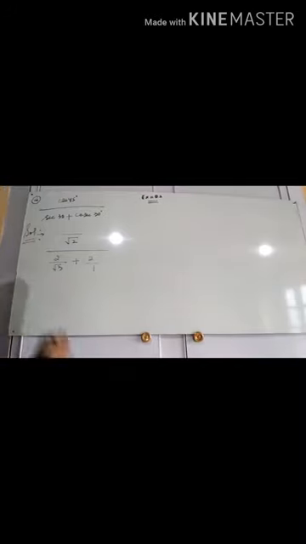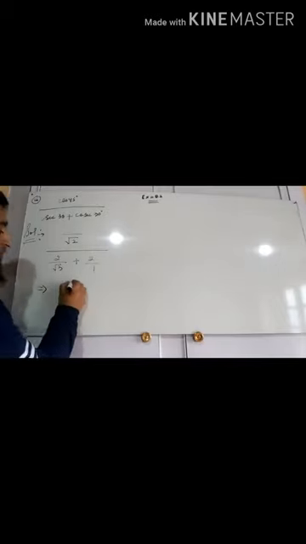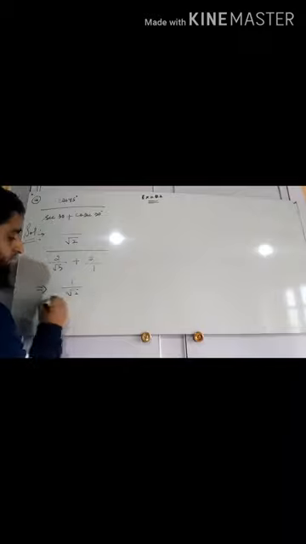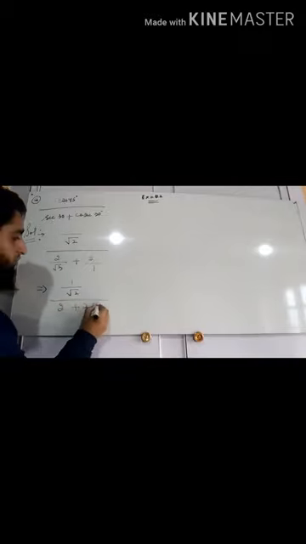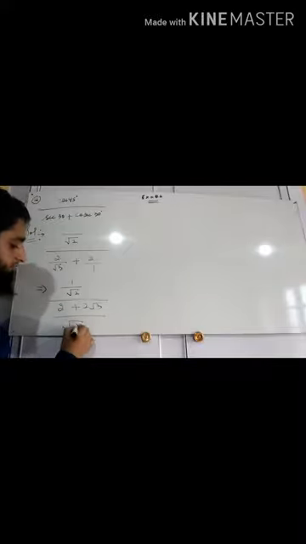After that we have to solve the question. 1 by root 2, just do the cross method. 2, 1 and 2, it is 2 root 3 whole divided by root 3.